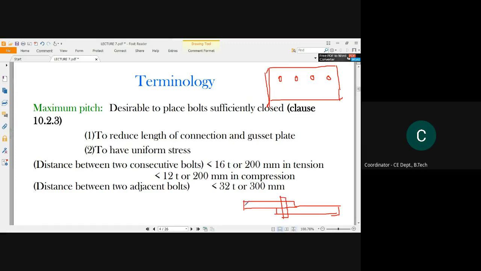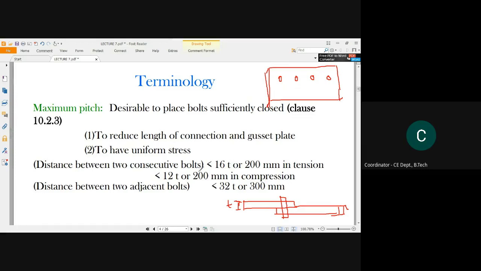It will not always happen that both plates have the same thickness. If this plate has a certain thickness, the other plate will have a different thickness. So we have to consider the plate thickness which has the minimum value.